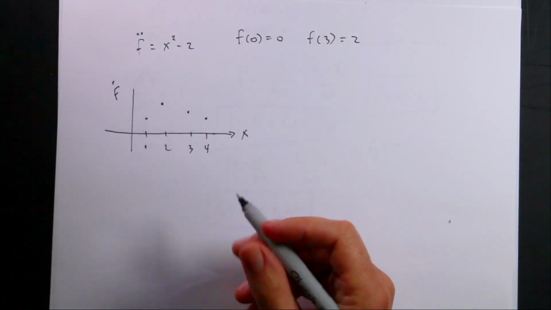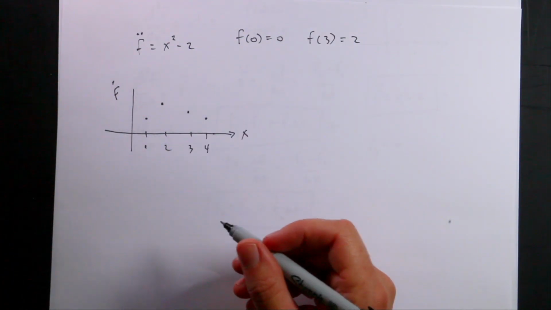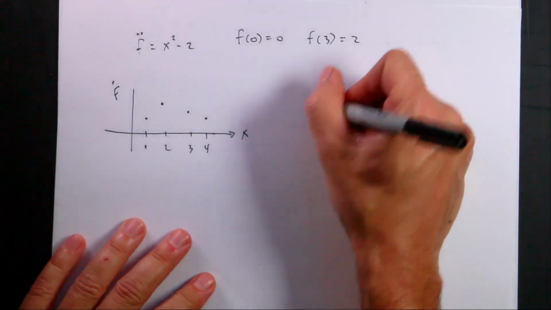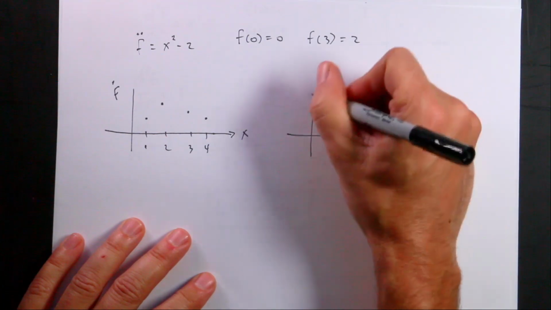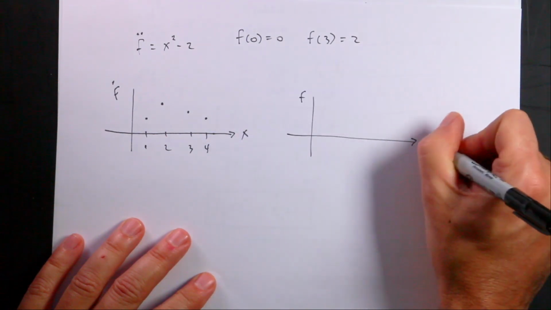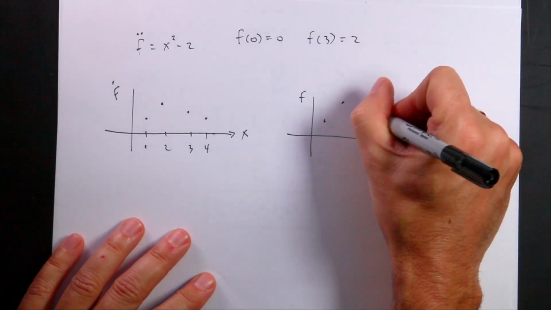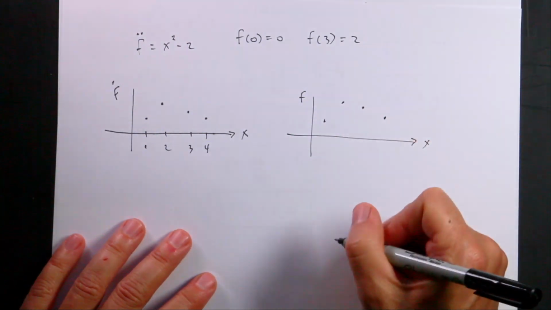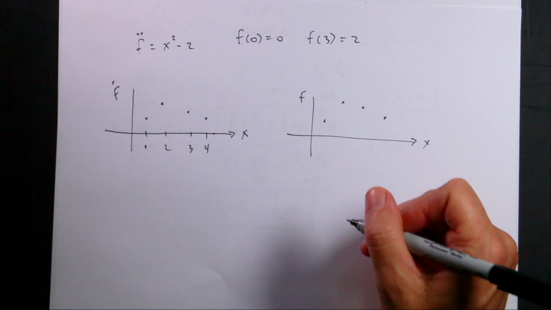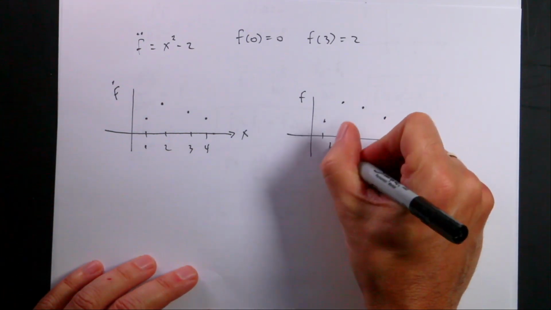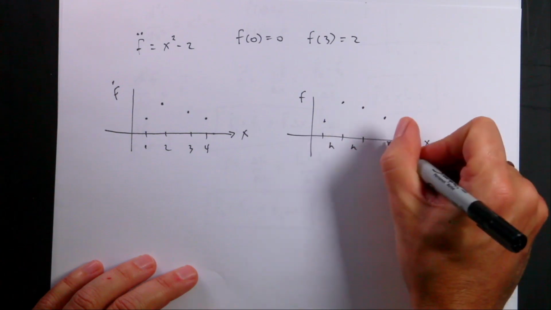They all have some f dot values. Well, I could also plot the same thing for f. And again, let's say they're evenly spaced. A lot of times I use dx, but actually, let's use h, because that's what I have in my other notes. Separated by some value h.